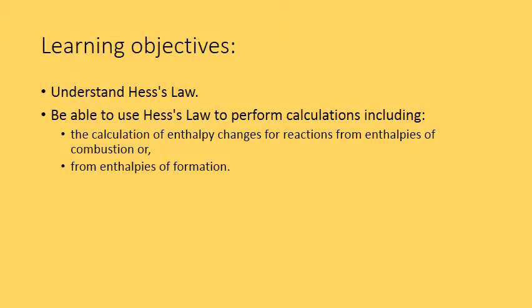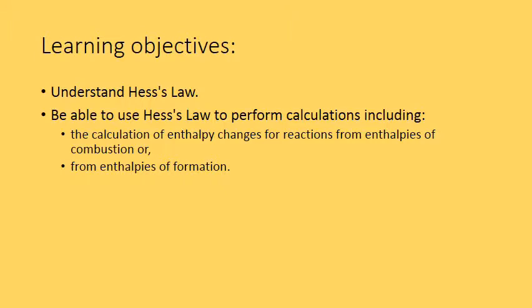And we want to understand Hess's law, obviously, what it is. But then, of course, we want to be able to use Hess's law to perform calculations, including the calculation of enthalpy changes for reactions, using enthalpy changes of combustion, or for example, to calculate enthalpy changes for reactions from enthalpy changes of formation.